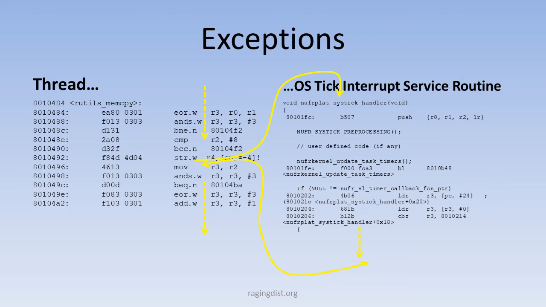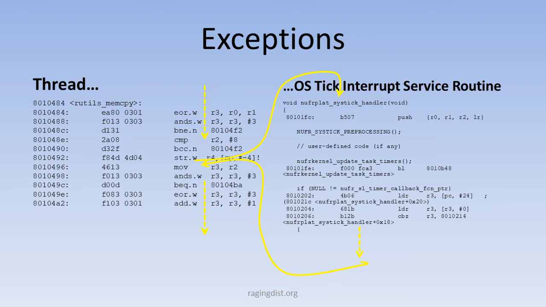The interrupt occurs in the hardware, and it tells the CPU, as soon as you finish the current instruction you're on, stop right there, and I want you to break over and execute this other path here.